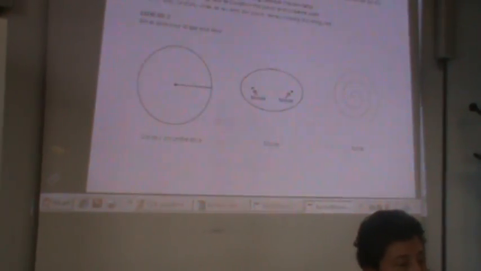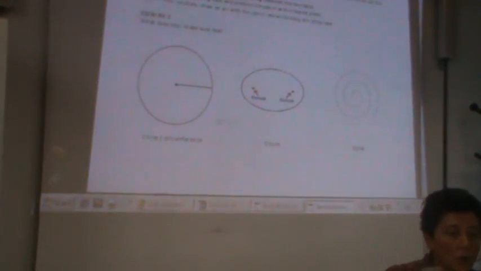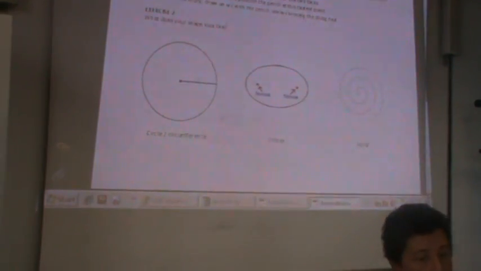And after that there is another exercise to distinguish between shapes, and another exercise about the words connected with the figure of an ellipse: major axis, minor axis, the focus, the singular, foci, the plural, and so on.